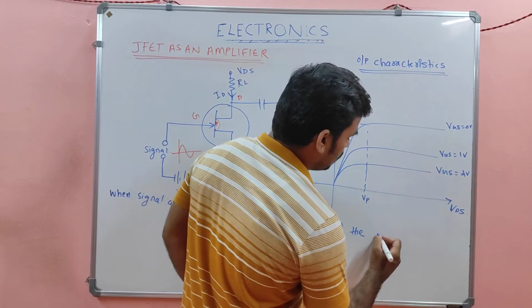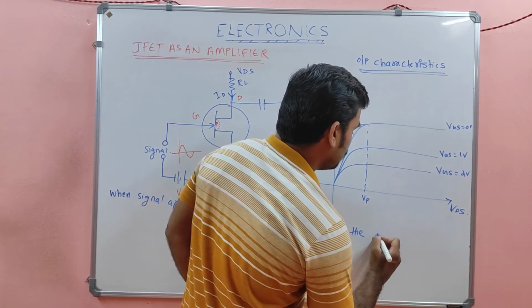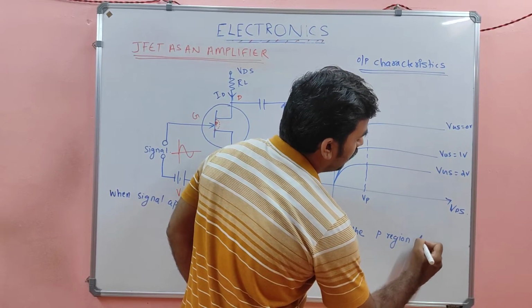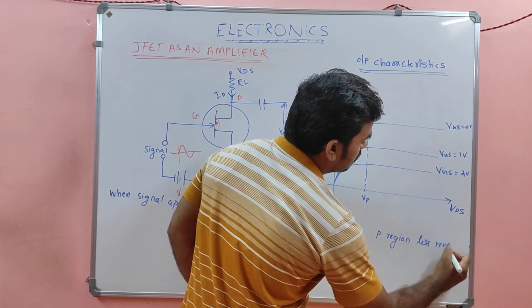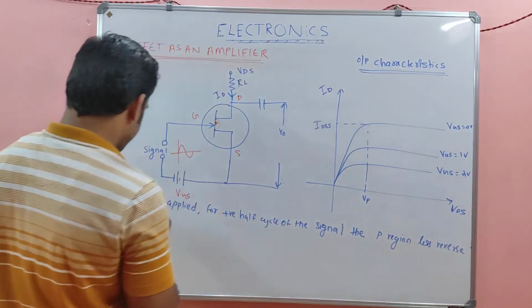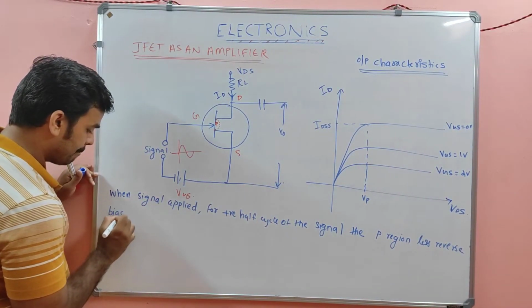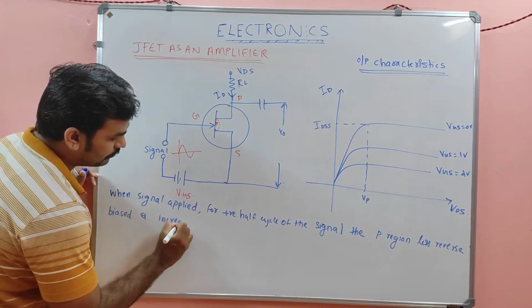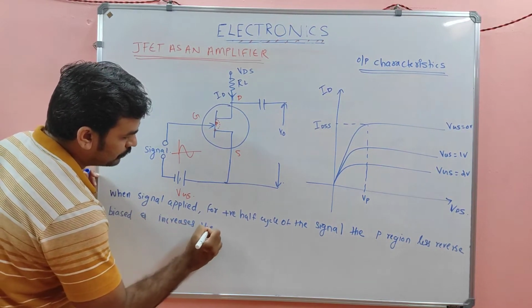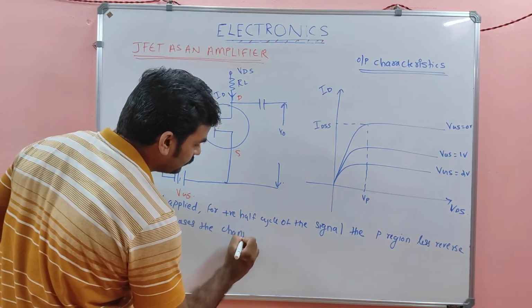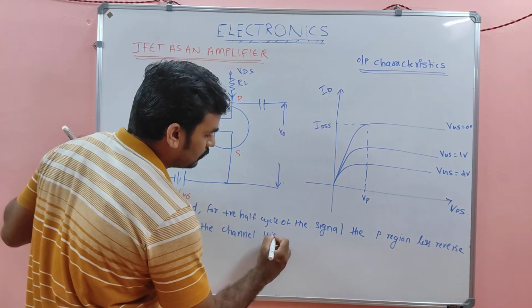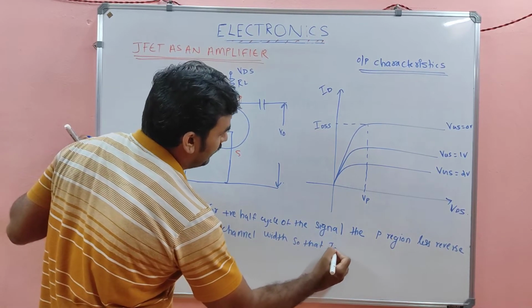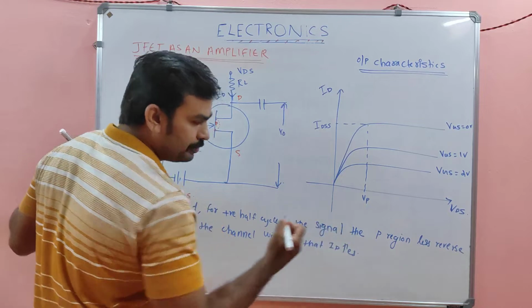the P region is less reverse biased and increases the channel width, so that ID increases.